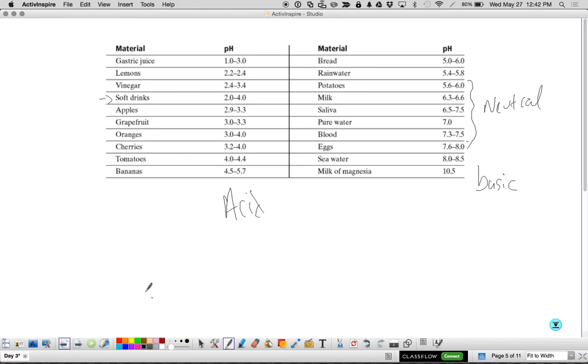One of the reasons is that carbonic acid forms an equilibrium with water and carbon dioxide. One of the ways that soft drink companies increase carbonation is they bottle under pressure, which we've talked about before.